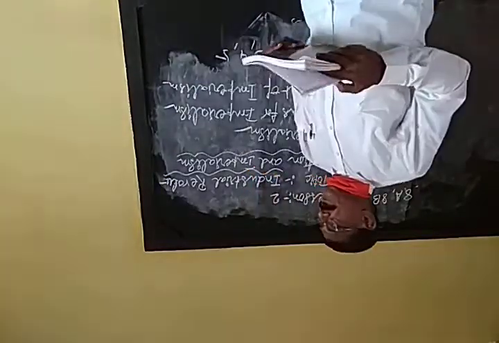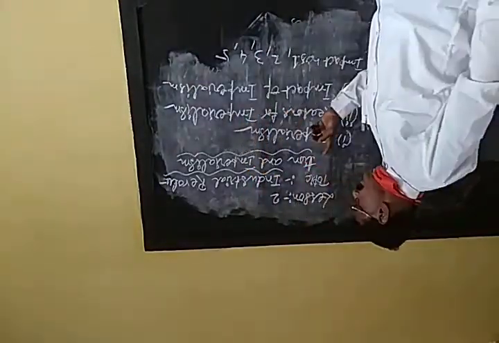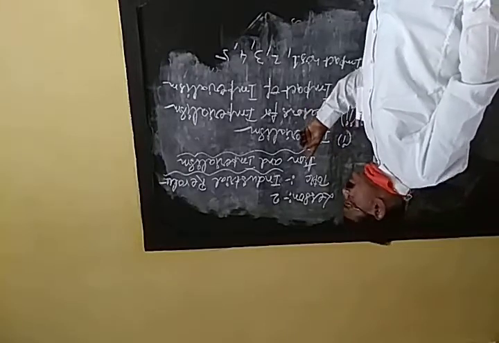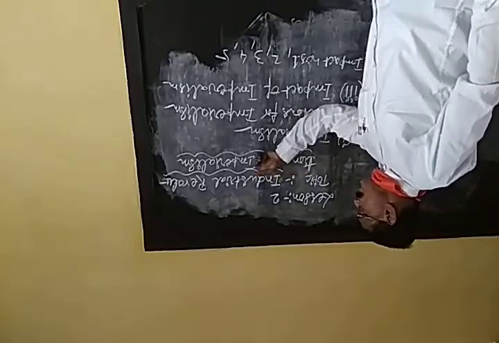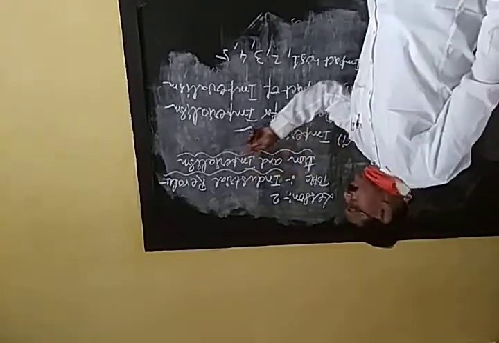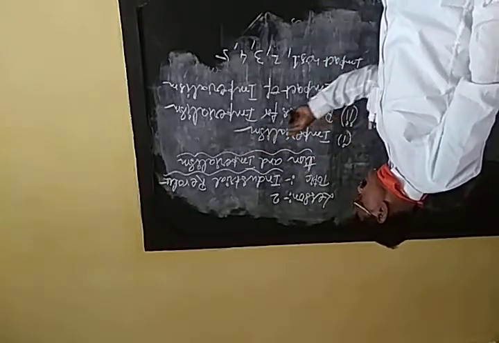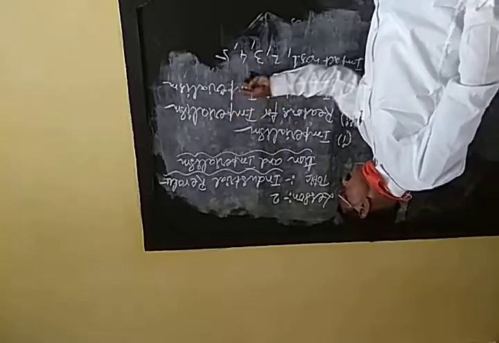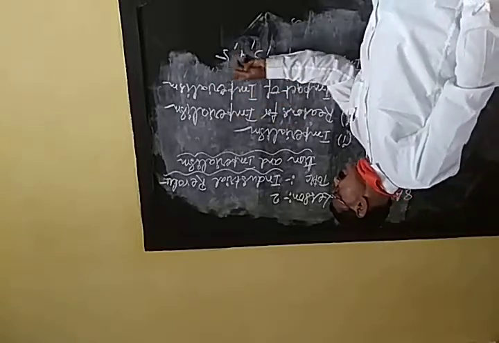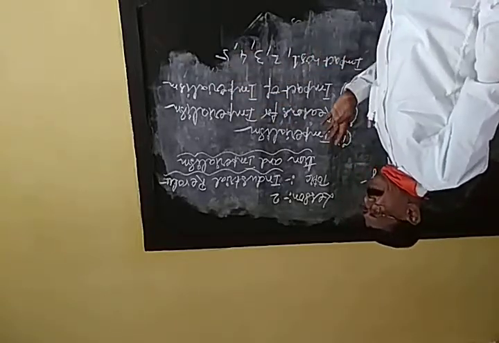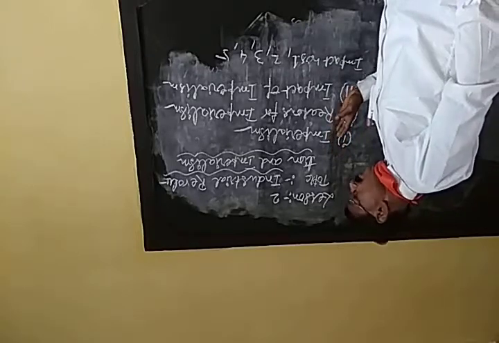Welcome to history class. Today, as per the following points, I am going to teach lesson number 2, Industrial Revolution and Imperialism. Here are the points mentioned on the blackboard: imperialism, reasons for imperialism, impact of imperialism. How many impacts were there?